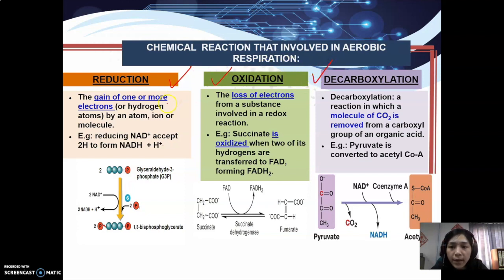Reduction, as we mentioned, is the gain of one or more electrons or hydrogen. Oxidation is loss of electrons. Decarboxylation, the 'de' means removal of carbon dioxide.